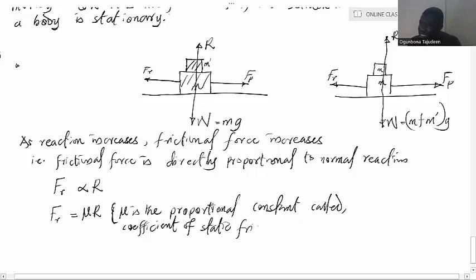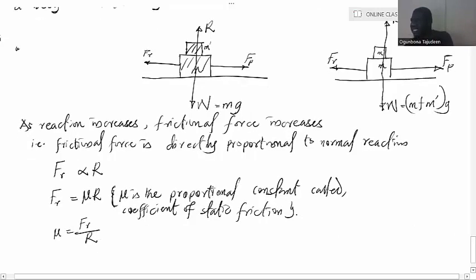Static friction. And that mu is found with what? Mu equals Fr over R. This is the case here.